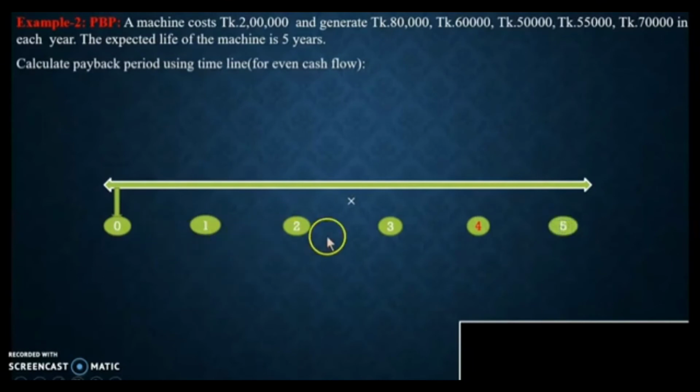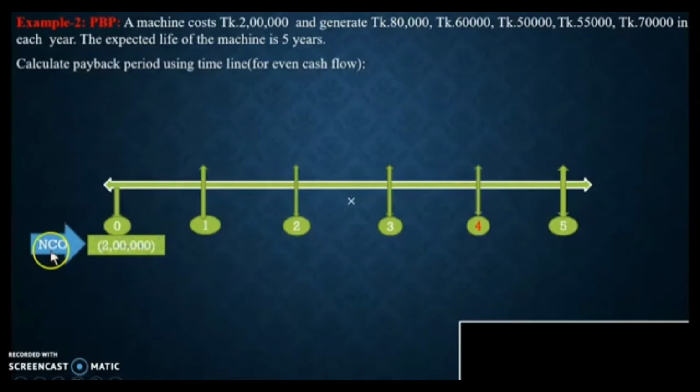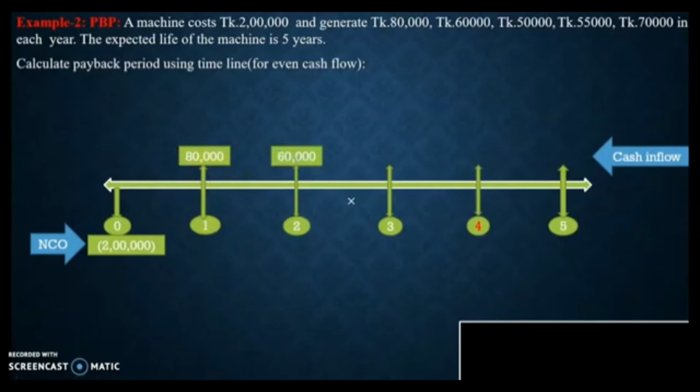That means the project lifetime is 5 years. NCO is also taka 2 lakhs, that means the initial investment is taka 2 lakhs. And cash inflows are generated: first year taka 80,000, second year taka 60,000, third year taka 50,000, fourth year taka 55,000, and fifth year taka 70,000.